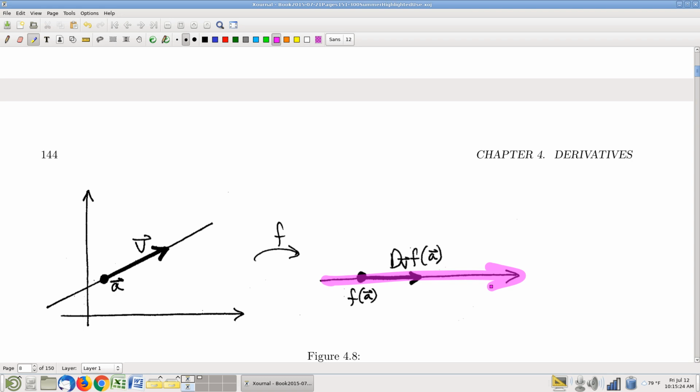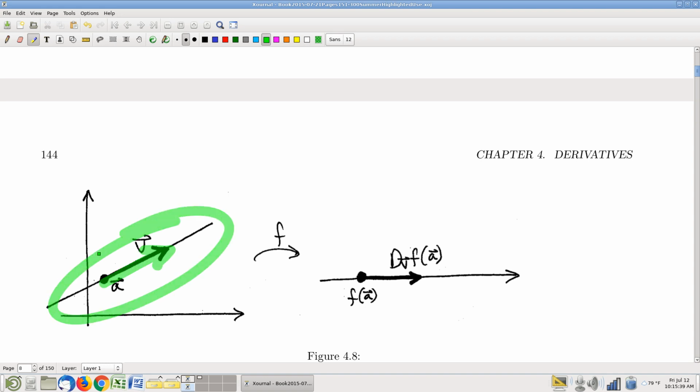So instead of a vector valued function, what if we have a scalar valued function, just a real valued function? Does that change anything? And the answer is no, not at all. If you have an input velocity, if you are moving through your domain with some velocity, there will still be a velocity in the target. Velocity makes perfectly good sense in a single variable context.